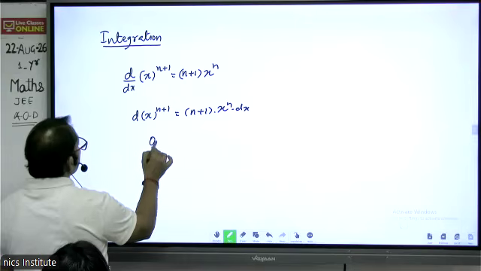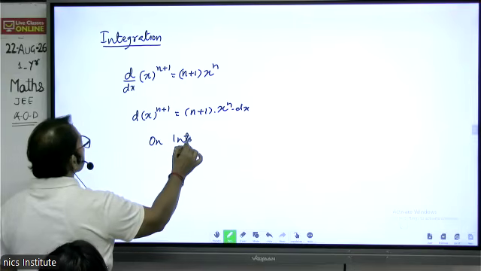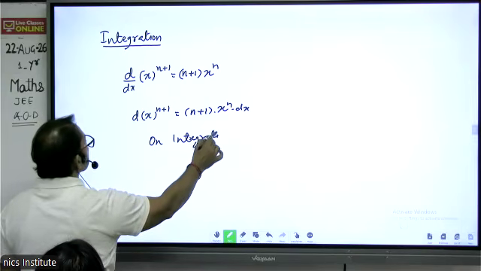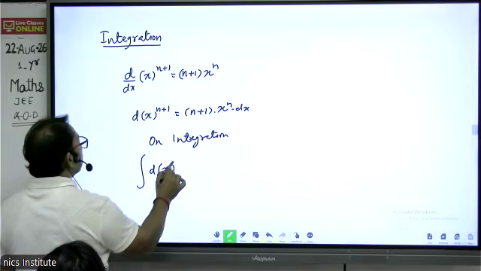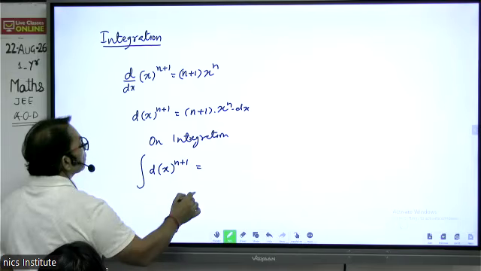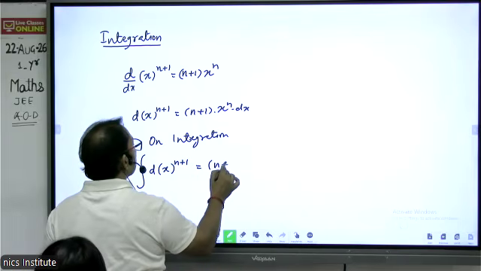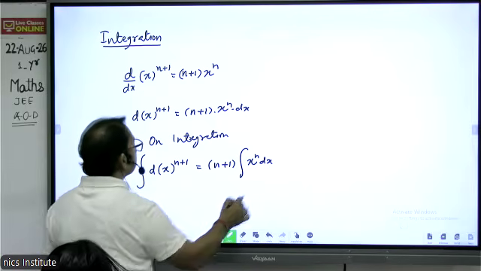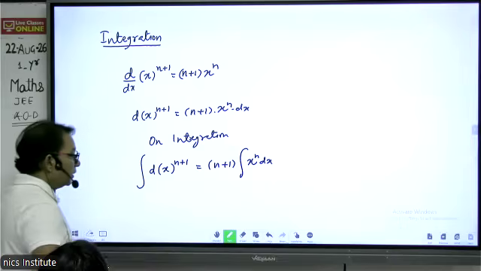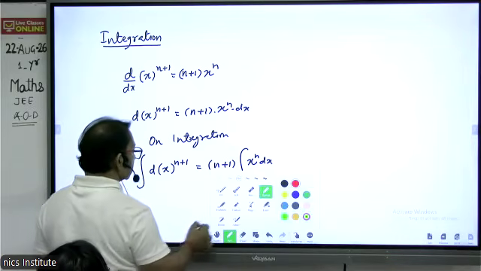And now I integrate both the sides. This would be integration of d of x to the power n plus 1. This is n plus 1, a constant, out of the integration of x to the power n dx. Integration and differentiation are reverse processes.